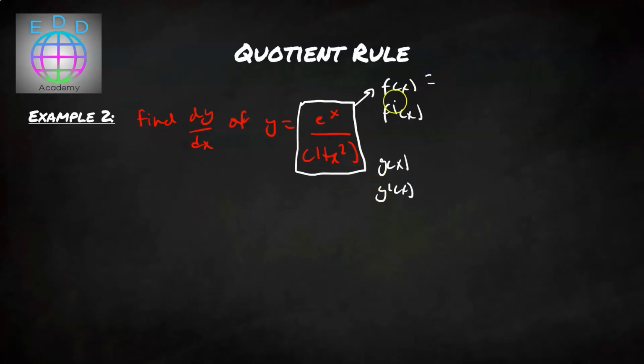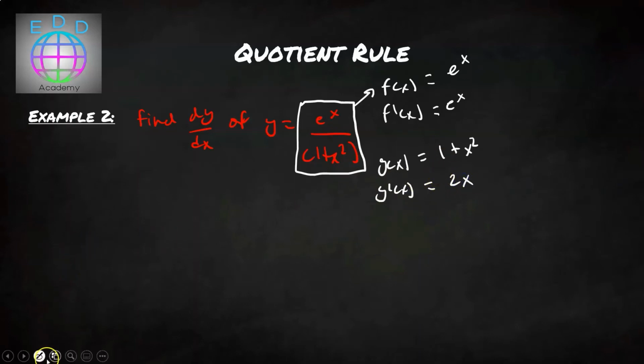So here, f of x equals e to the x, and f prime of x, as we learned in our exponential video, the derivative of e to the x is uniquely e to the x. And the bottom, g of x is just 1 plus x squared, and g prime of x is the derivative of this, which is 2x.